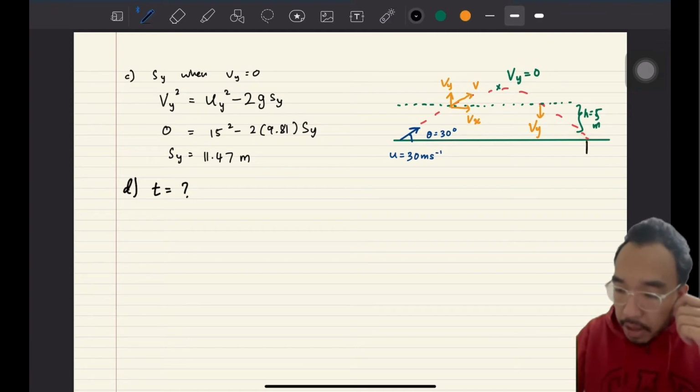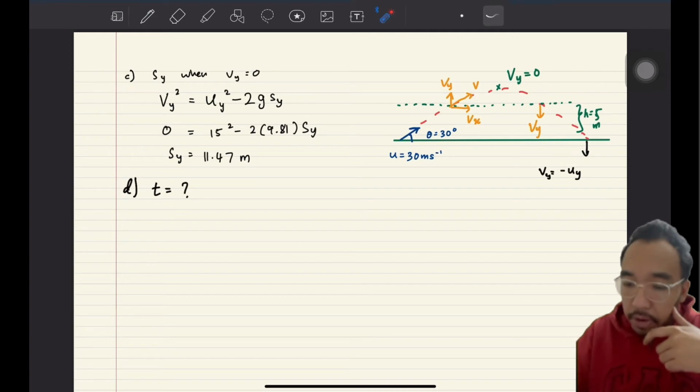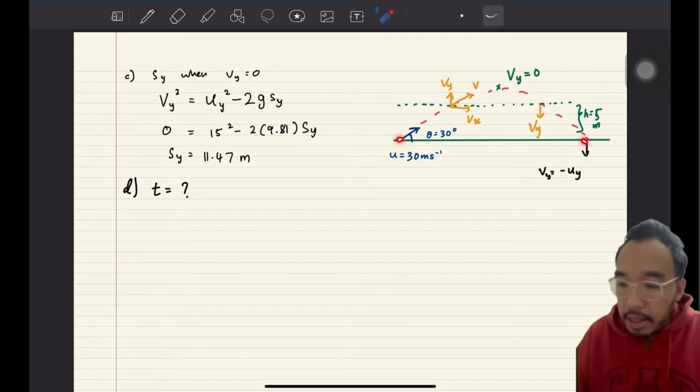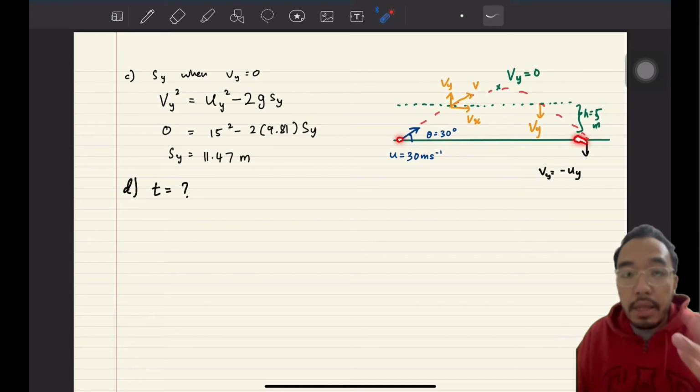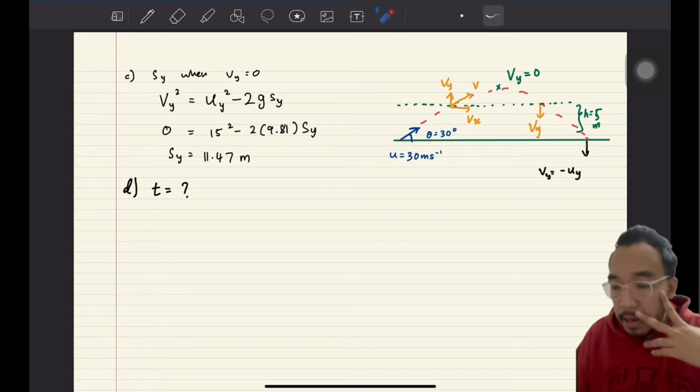Number one, this is negative Uy, like I told you before. If the velocity is at the same height, it will have the same magnitude, except one is pointing upward and the other is pointing downwards. That's one important thing.